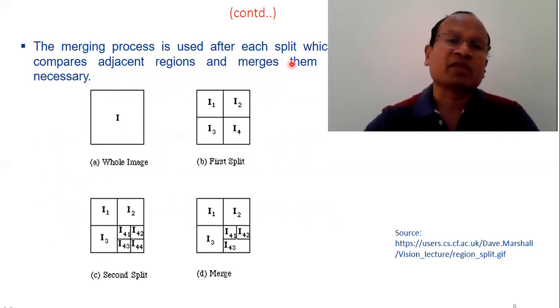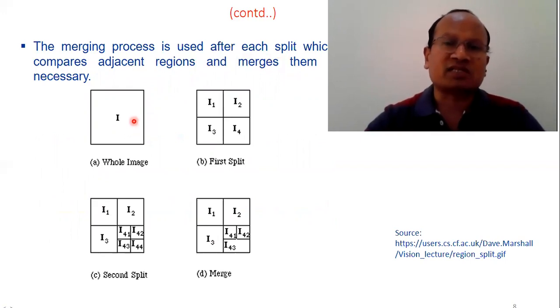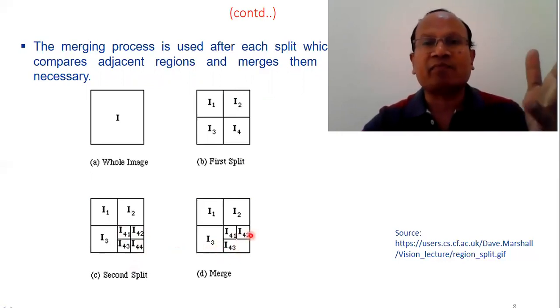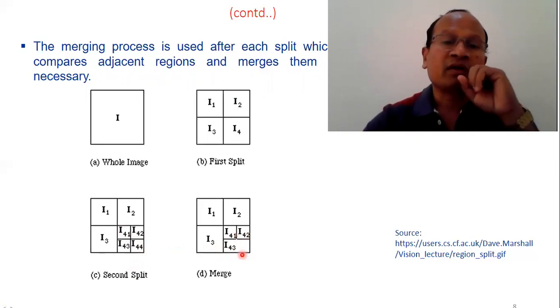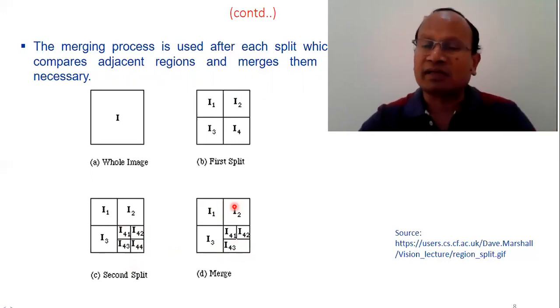I have already explained this. What do we do? See here, this is the split process. One image is split into 4. Then again the 4th one is split into I41, I42, I43, I44. So the 4th part is split again into 4. But you can see that I41 and I42 remain distinct. Maybe I41 may be similar to some sub-regions of I1, I2, I3, and then it can be combined.